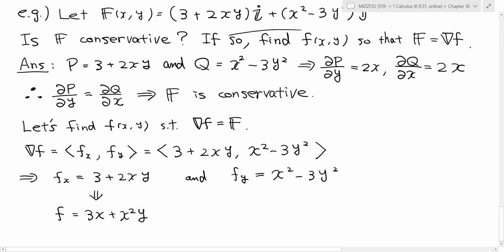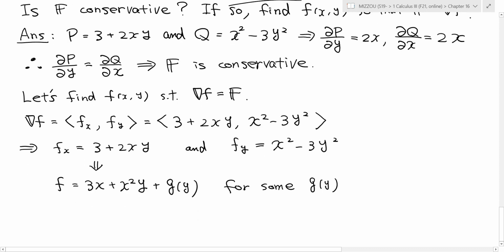When you integrate, don't forget to add C, the constant of integration. But what's C in this case? Well, C is actually a function of y, because we are treating y as a constant. So here we could put any function of y as long as it doesn't contain any x. So this is equal to this for some g of y.